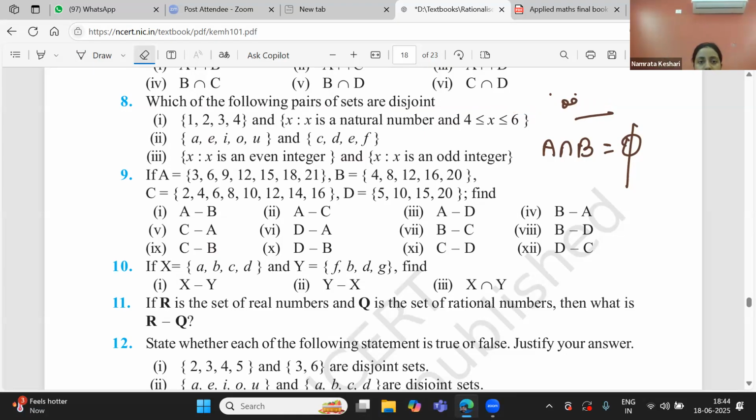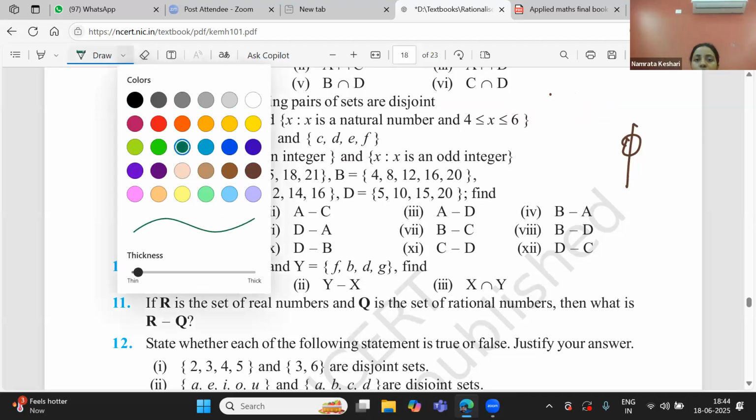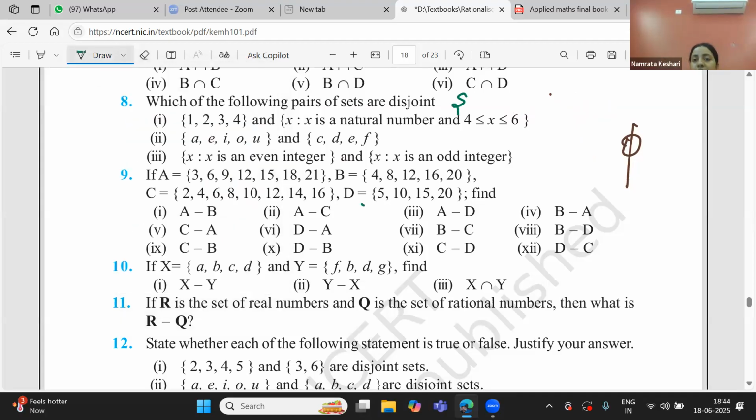Okay, so number 8, you can see 1 2 3 4, one of the sets is given, another set X is the set of natural numbers such that X is lying in between 4 and 6. So you can first write this set builder form in roster form. You will have all the numbers in between 4 and 6, touching 4, touching 6. So 4 will be there, 5 will be there, 6 will be there.